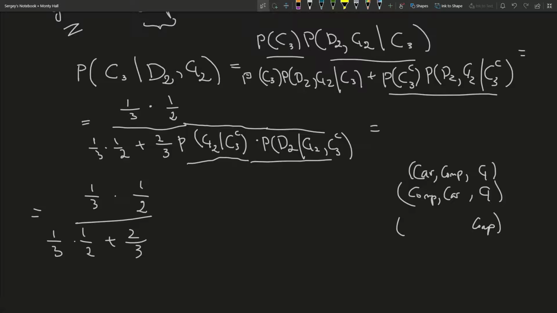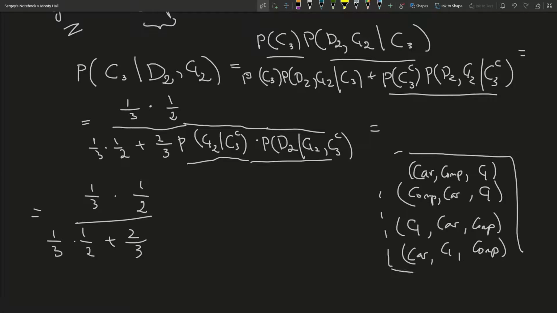So computer, we could have goat, car, computer, car, goat. And we're given that door 3 doesn't contain the car, so we can't have the car behind door 3. So there are 4 possible options, all 4 of them equally likely. And the one we're interested in is the one where behind door 2 we have a goat. Well, there is only one such option, namely this last one here. So the probability of that is 1 over 4. So times 1 over 4 here.